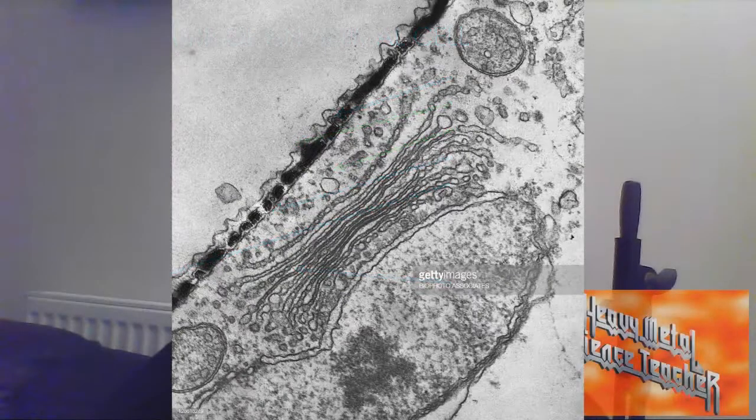Now, have a look at the ends of the structure. Can you see those little spherical things that are kind of budding off it? That is how stuff that is made in the endoplasmic reticulum actually gets out of the cell, or around the cell, depending on what it's needed for.